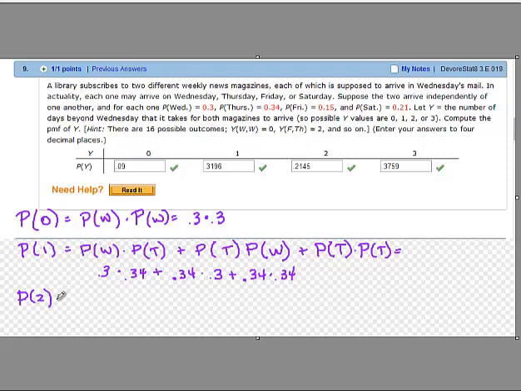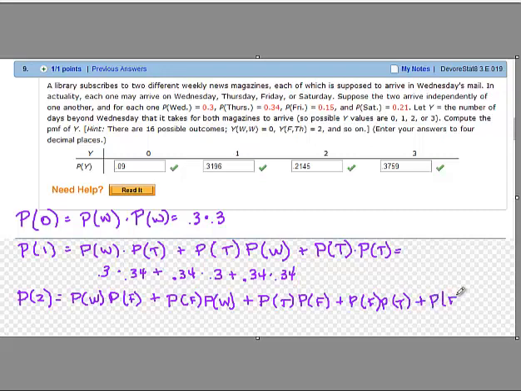Probability of 2 gets really long. This would be the probability of a Wednesday and a Friday, or a Friday and Wednesday, or probability of a Thursday and a Friday, or Friday and a Thursday, or Thursday, or probability of Friday, probability of a Friday.